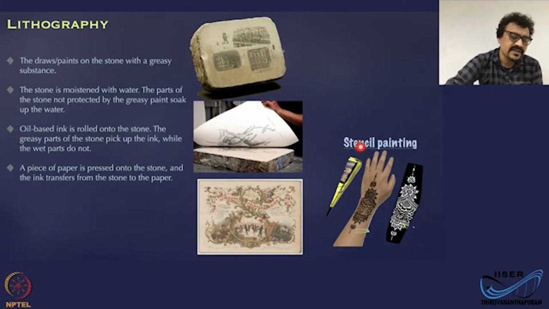It's kind of a stencil painting, where you have some kind of stencil and you apply paint over the stencil, and that gets transferred onto the substrate, or onto your hand here, as shown. This is the technique that we are going to discuss, but in a slightly different context, where the stencil and everything are highly sophisticated gadgets which you use to create the pattern.